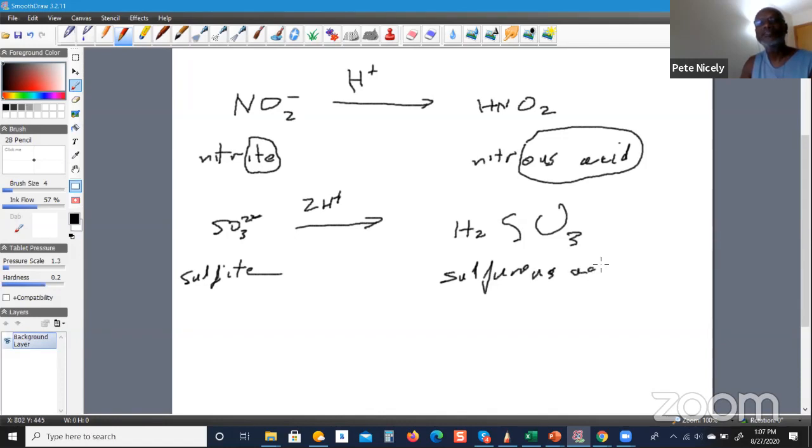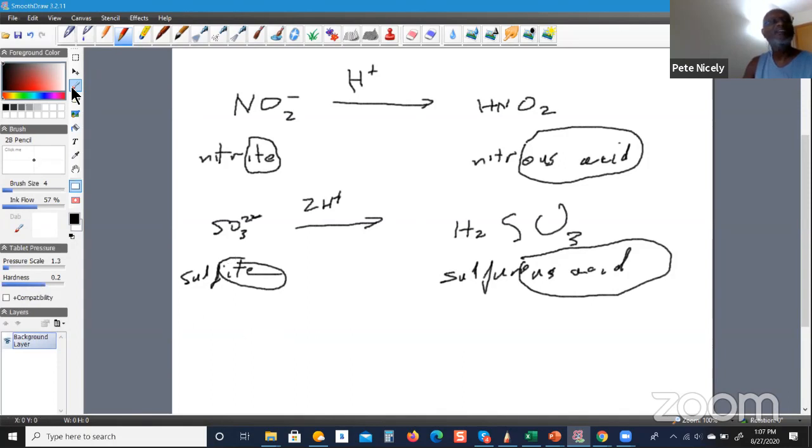Again, you see the modification of the name from ITE to OUS acid. That's basically how we deal with that change from ITE to OUS.